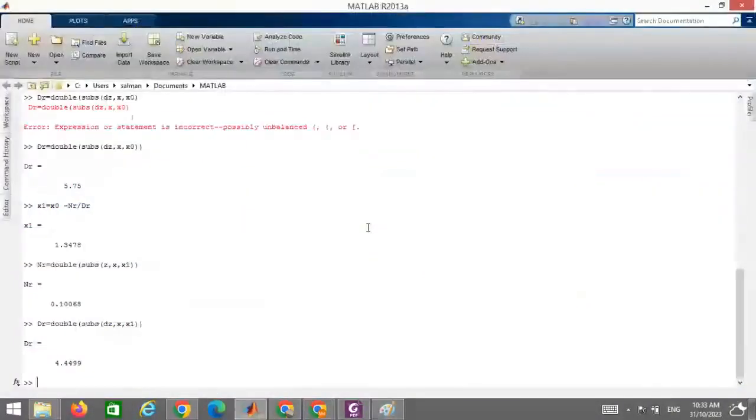Now, how do you find x2 from this? The formula is, yeah, this is x2. So x2 is equal to x1 minus numerator by denominator, correct?